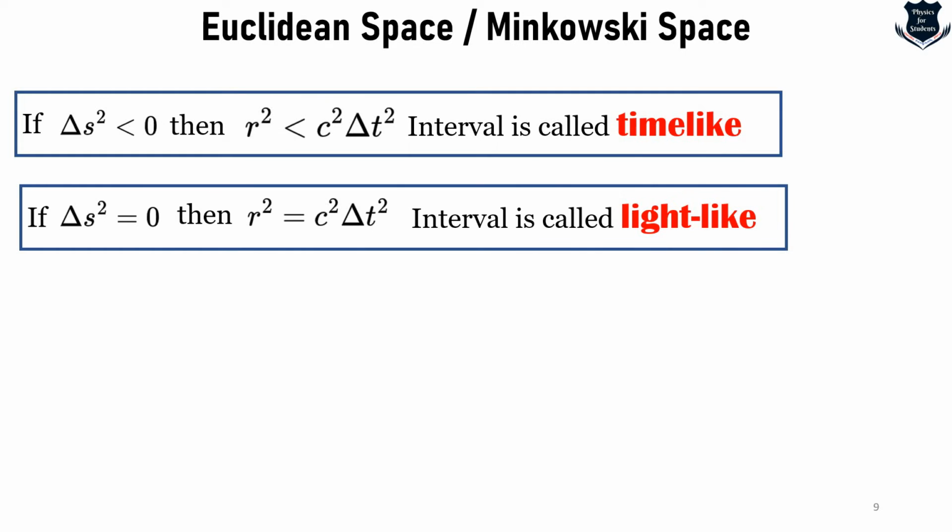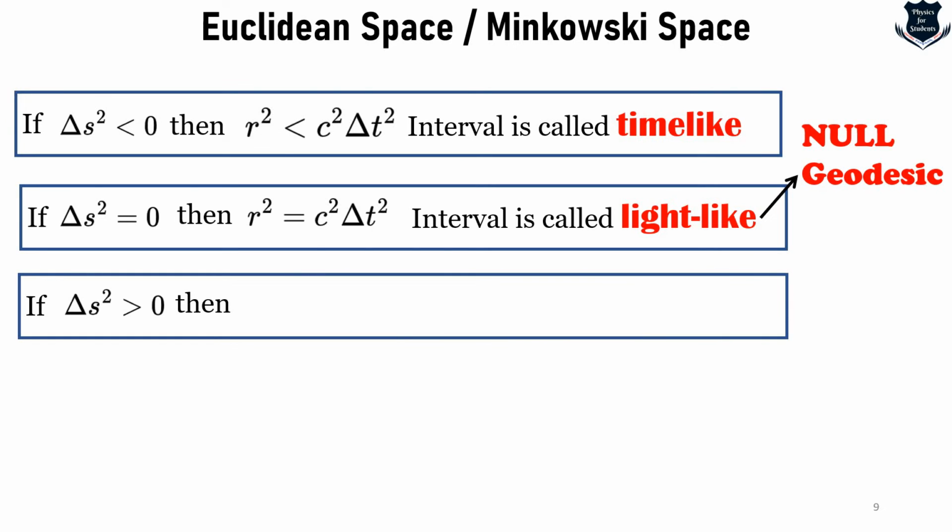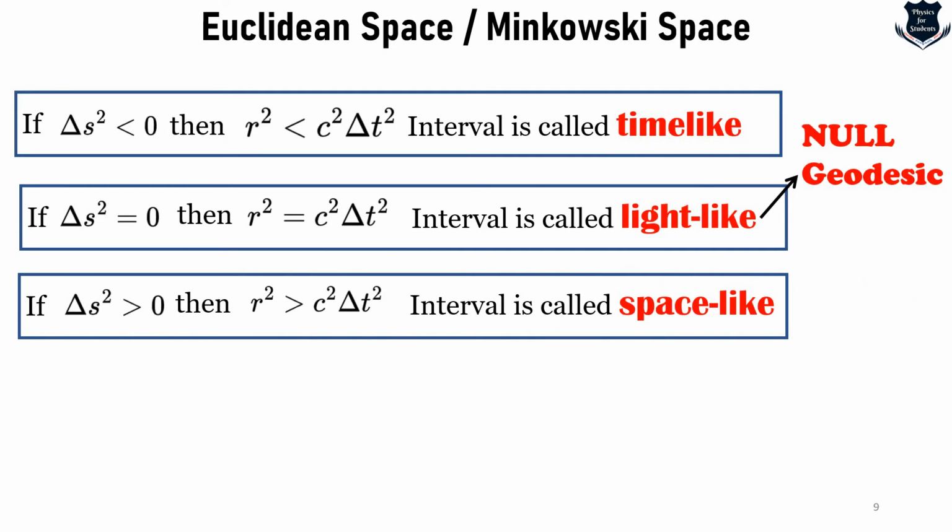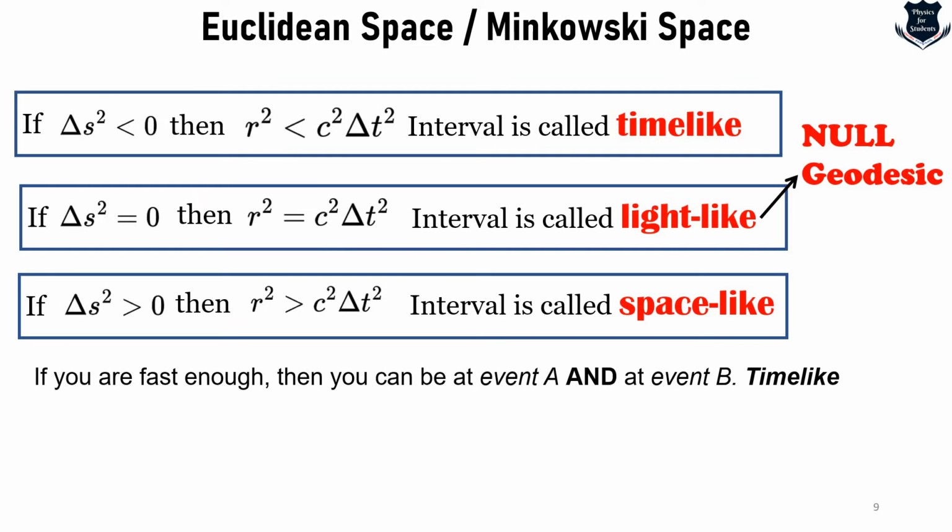If you recall from a few seconds earlier, you can scroll back in the video, I talked about time-like, which is general light-like speed, and the next one is delta s squared greater than 0. That means r squared has to be greater than c squared delta t squared, and it is called space-like. So space-like means it has a distance of space, time-like includes both, and light-like is where it will be equal, and this is called null geodesics.